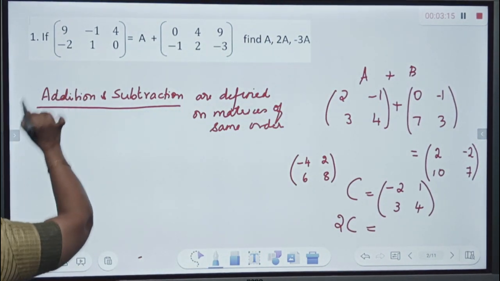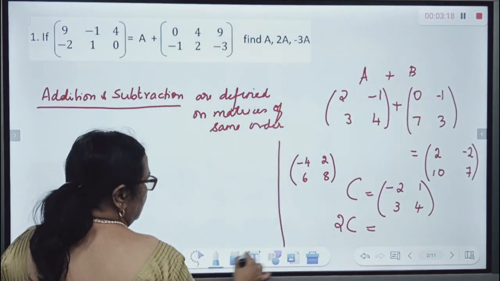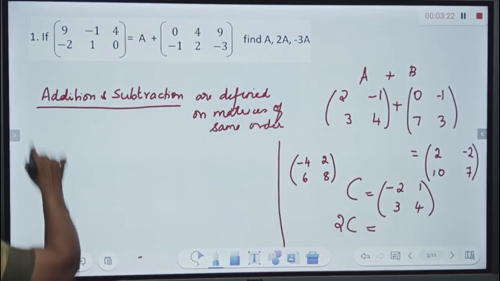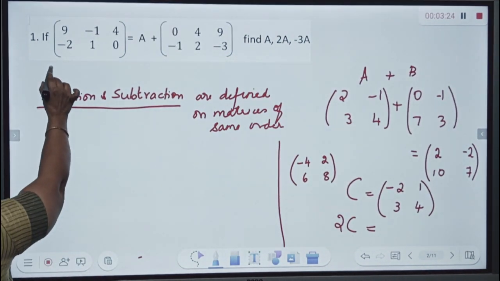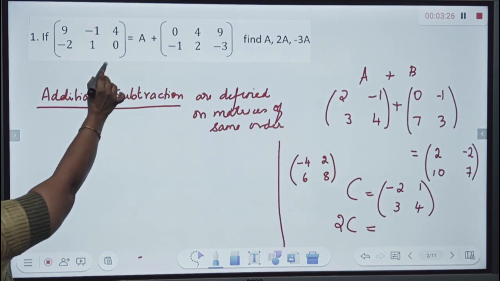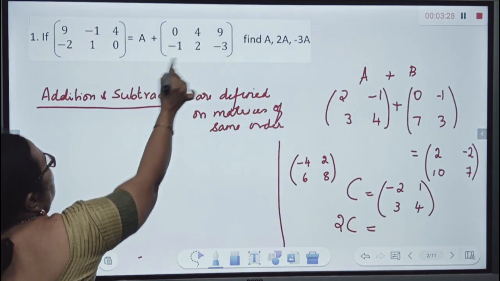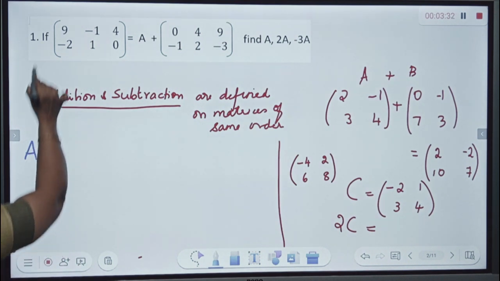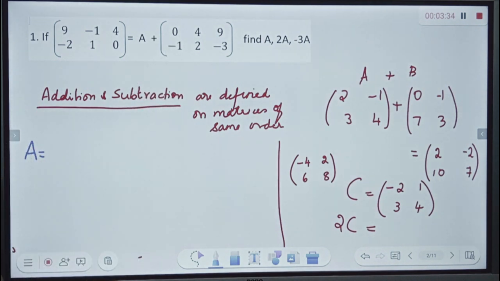Now let us look at this problem. This matrix is given, it is said that it is equal to A plus this. So what will be A? A will be this minus this. Is it defined? Yes, because they are matrices of the same order.